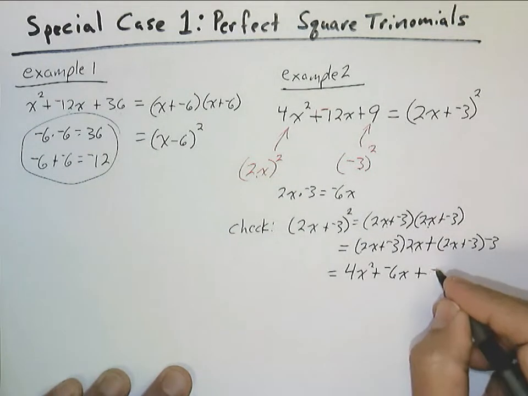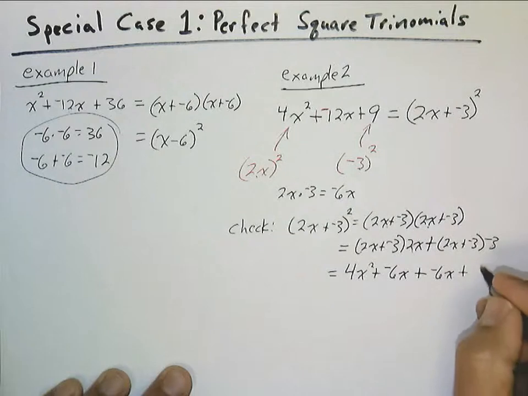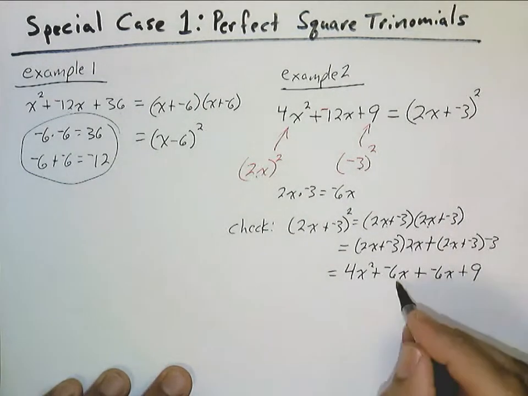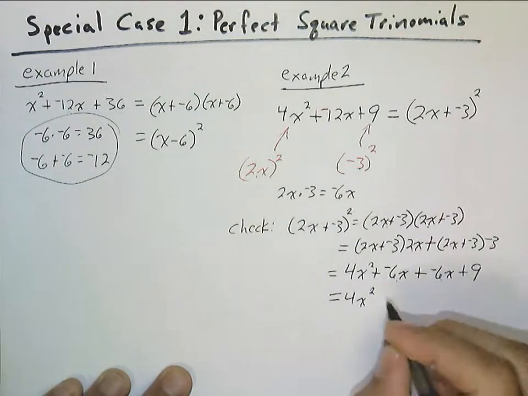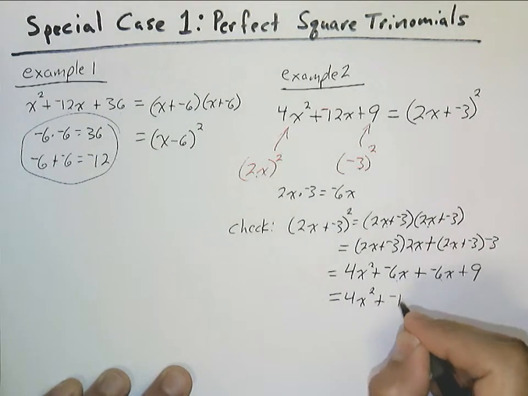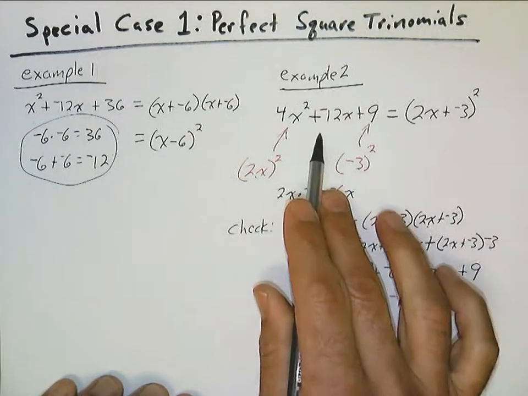Negative 3 times 2x is a negative 6x. And then finally, negative 3 times negative 3 is a positive 9. Notice how we combine the like terms here: 4x squared plus negative 12x plus 9, which is exactly what we started with.